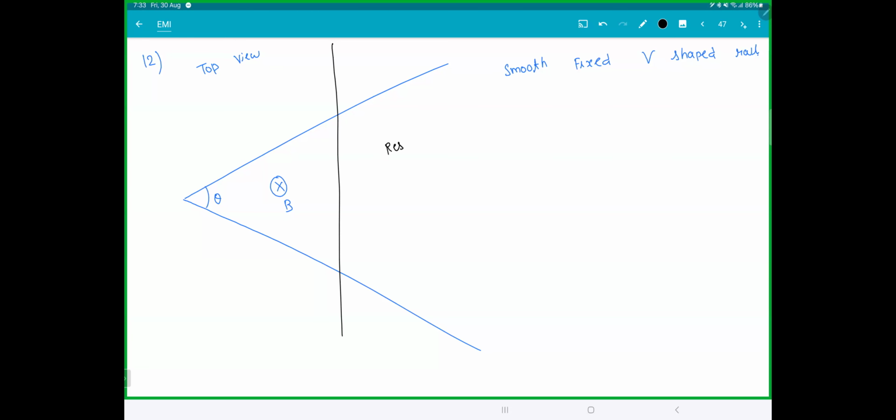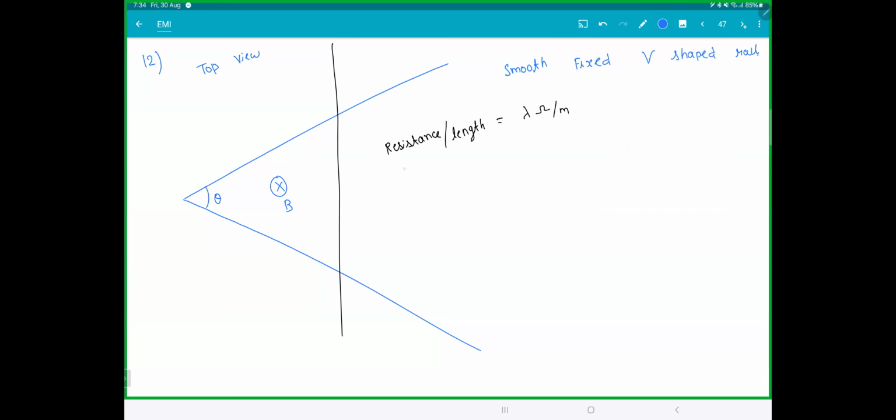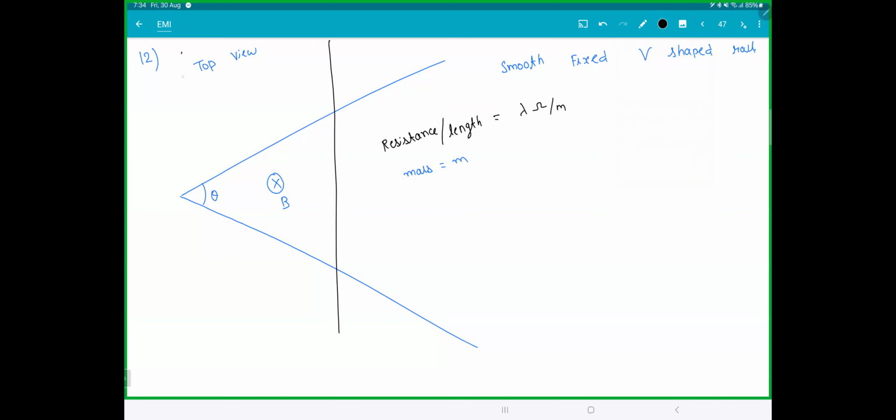For this rod, the resistance per unit length is lambda ohm per meter. The mass of the rod is M. So initially the rod is at the starting point. At t equals 0, you are here.